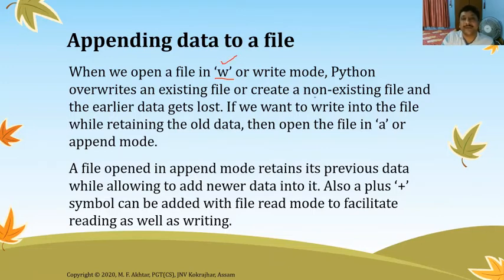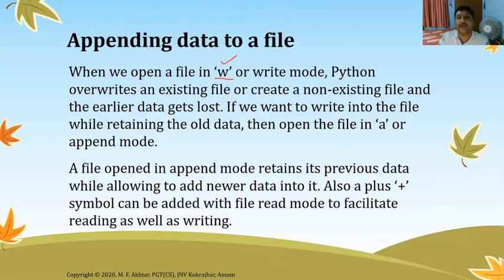The W mode is used only for creating a new file, a non-existing file, and the earlier data gets lost, because it may happen that if the file already exists, then that data is going to be removed.